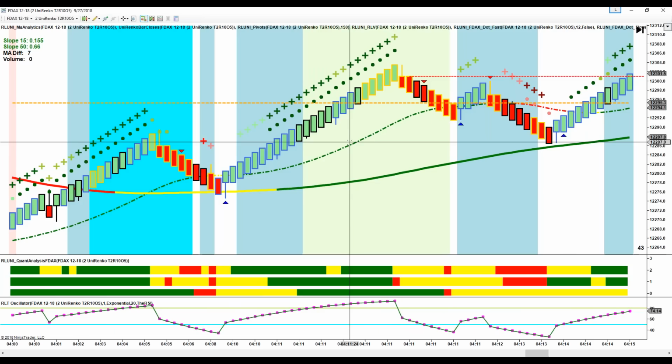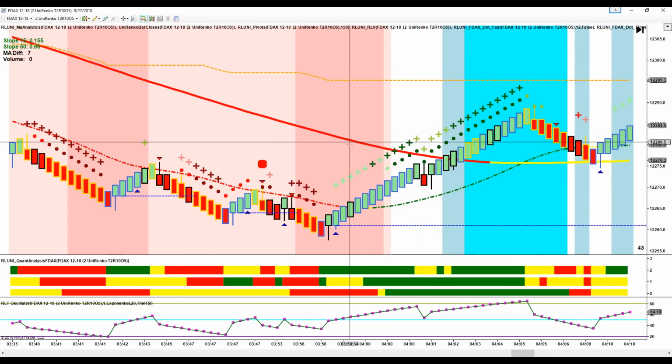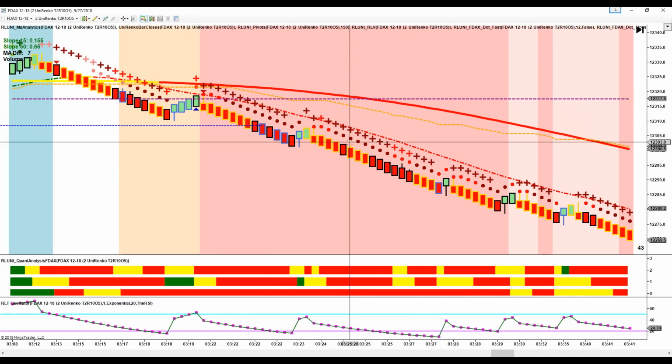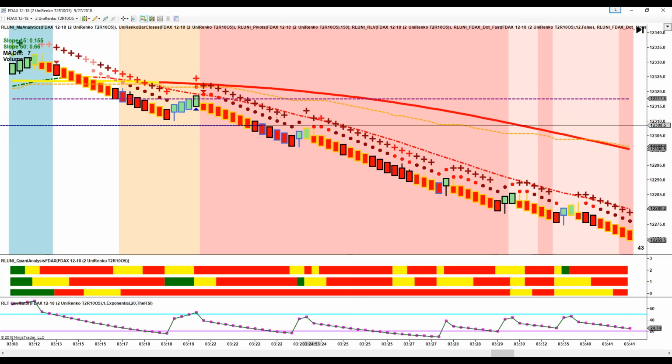Now the DAX is an incredibly good instrument to trade. The problem with the DAX is you have to trade it at 3 o'clock in the morning. And if you talk about moving like lightning, this chart moves at light speed. I took a trade on it a few days ago and I got 6 ticks of slippage.